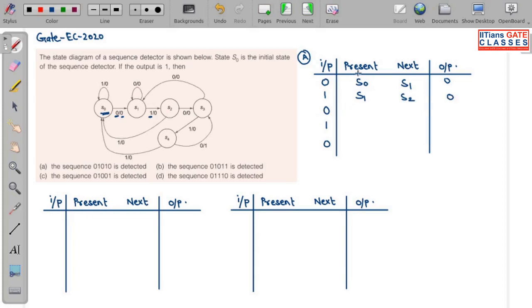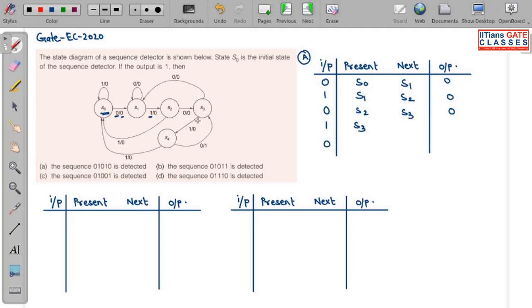Fine. So now your present state is S2, input is 0, next state will be S3, output is 0. Again present state is S3, you can see your input is now 1.